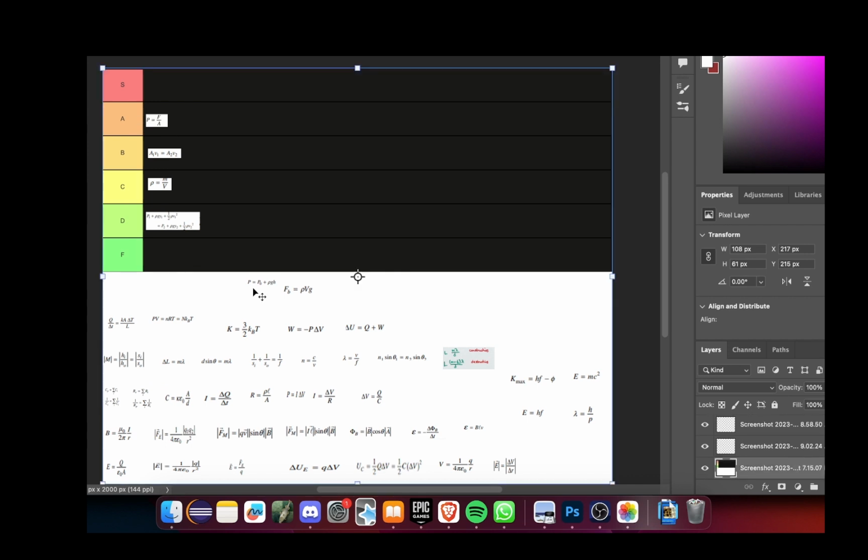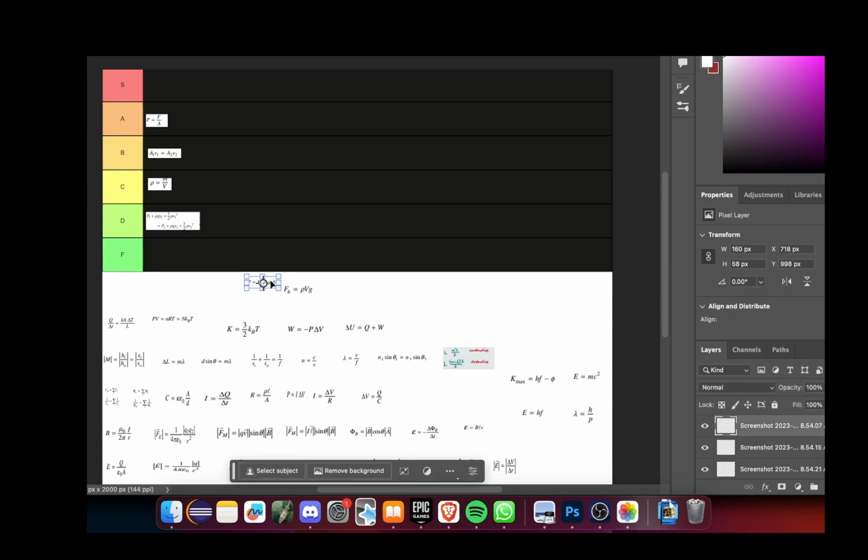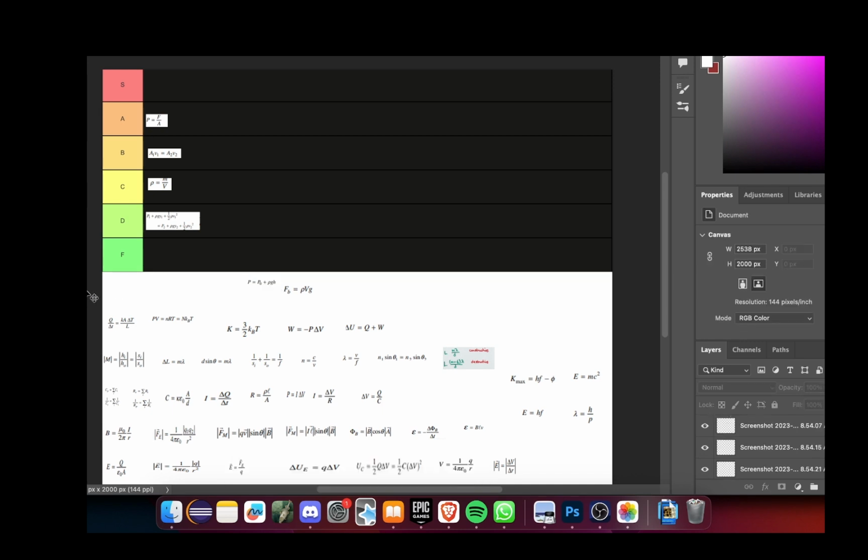And then let's talk about the other pressure equation, because it talks about pressure due to depth. If you're into oceans, that is pretty cool. Now you understand why the pressure at the bottom of the ocean is so high, and you can put it into numbers, which is nice to think about.